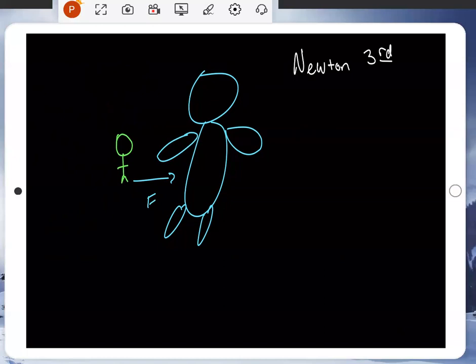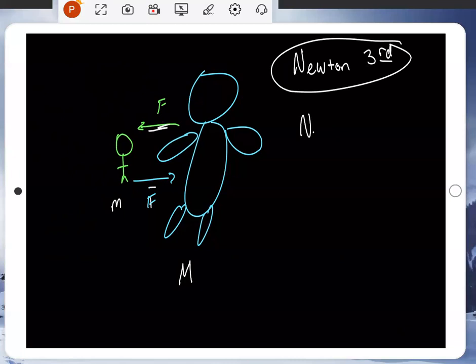This big guy, even though he's just standing there, still exerts the same exact force back onto him in the opposite direction. Now the key here is that this has a big mass. I can use big M for that, and this guy has a little mass. So we already applied Newton's third law. That's the equal and opposite forces, yes?